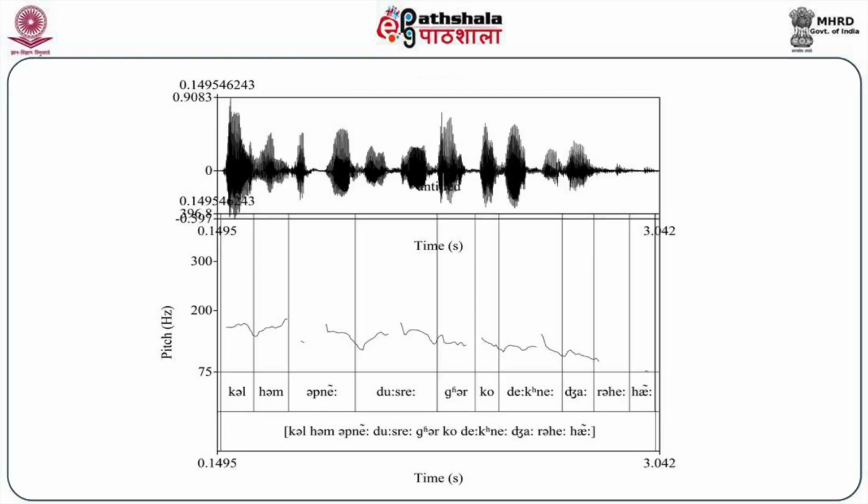The different foci in the spectrograms are shown with the help of an arrow above them.